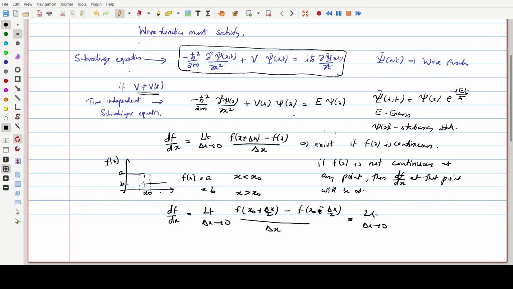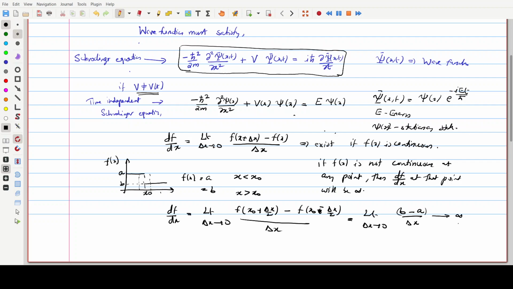The value of the function just after x0 is b, and just before x0 is a, so we get b minus a by delta x. When delta x approaches 0, the numerator b minus a is a fixed value and the denominator continuously decreases, so the limiting value approaches infinity. So the derivative does not exist at x0, but it exists at all points before x0 and all points after x0.